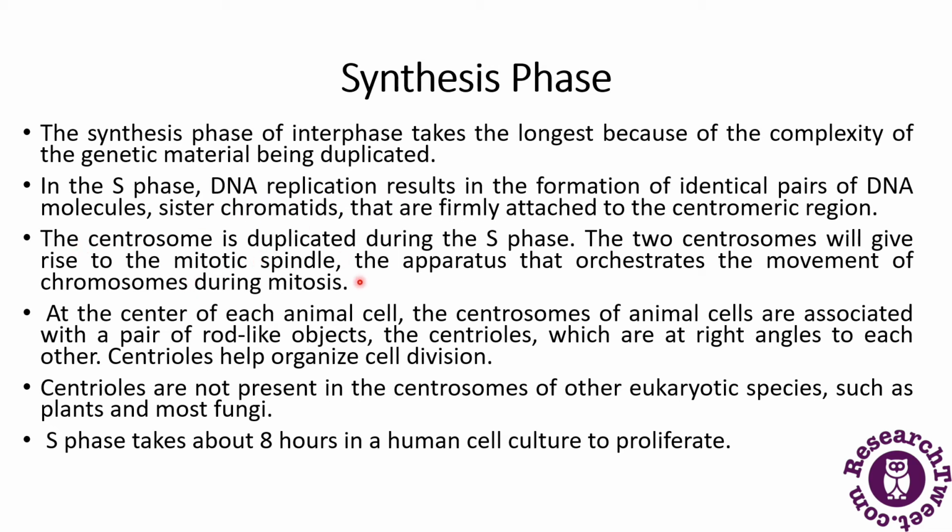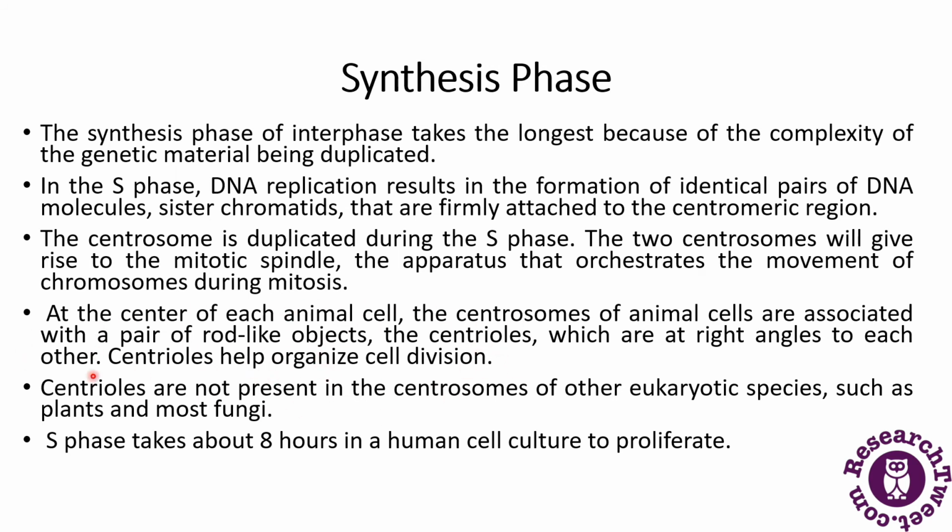At the center of each animal cell, the centrosomes are associated with rod-like objects called centrioles, which are at right angles to each other. The centrioles help to organize the cell division.